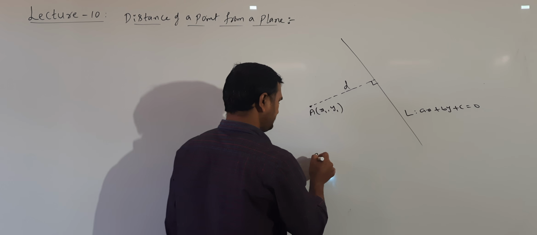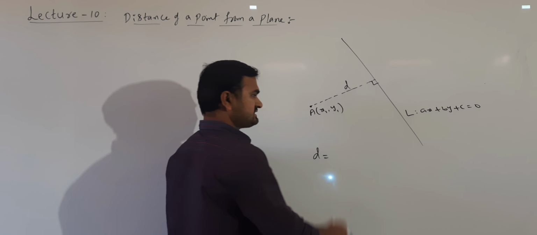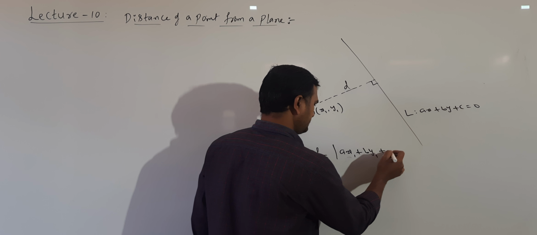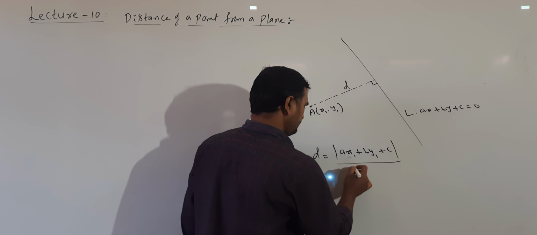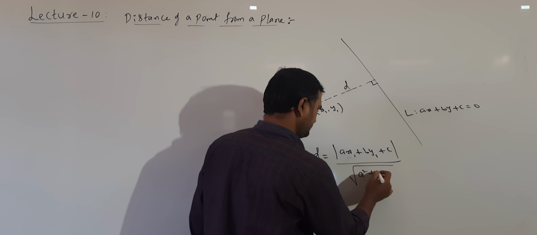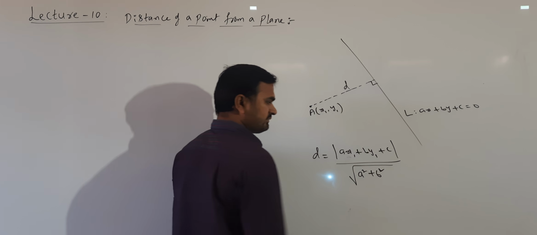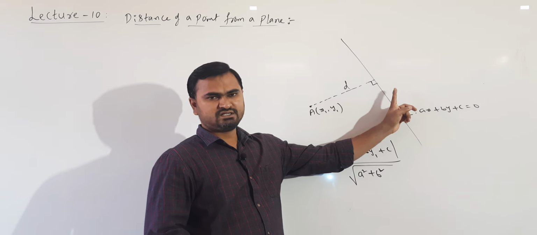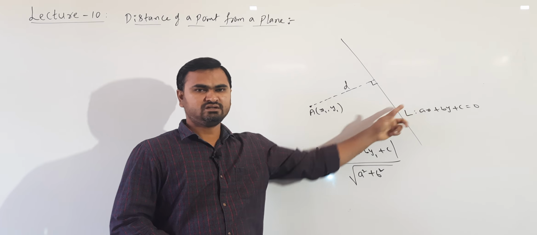So what is the formula for D? D equals modulus of (a x1 + b y1 + c) divided by root of (a square plus b square). Remember, in 2D, that is straight lines, we studied the distance of a point from a line formula.